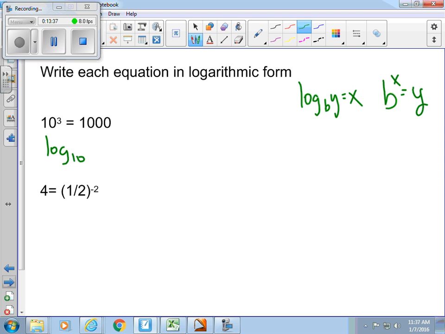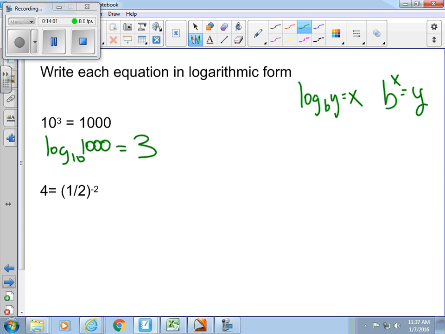Equals 3. Good. The answer to a logarithm is an exponent because a logarithm is an exponent. To 1,000. And then if you really like the circle thing, you can check the 3 numbers if you don't get it right the first time. Any questions there?